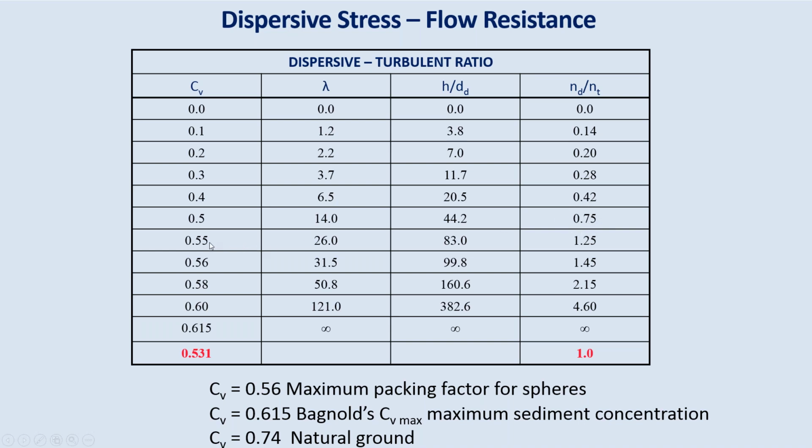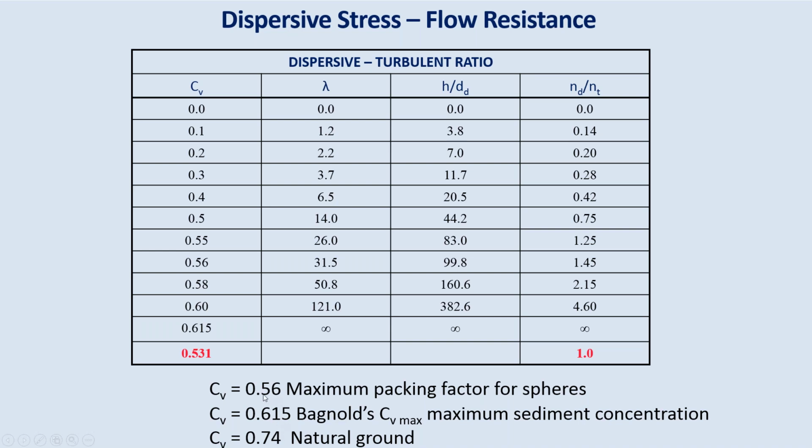Once you're above 55%, this rapidly goes to infinity, where once you're around 61%, you're essentially at a porosity of natural soil conditions. It's Bagnold's maximum concentration by volume for typical soils or natural ground. About the highest you can go and still have natural ground is around 74%.